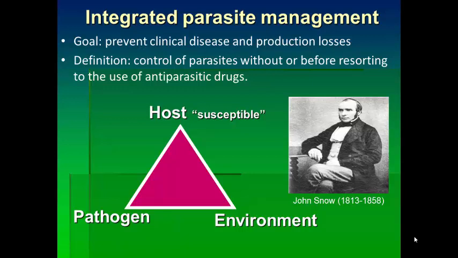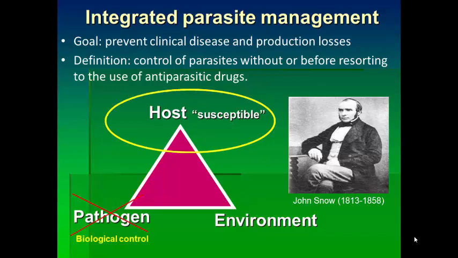This basically tells us that we don't really need to know every detail of the pathology of the agent in order to prevent disease. And without using drugs that will kill the pathogen, we could always intervene at the level of the host by increasing resistance, either using less susceptible individuals or breeds, by vaccinating or providing adequate nutrition.